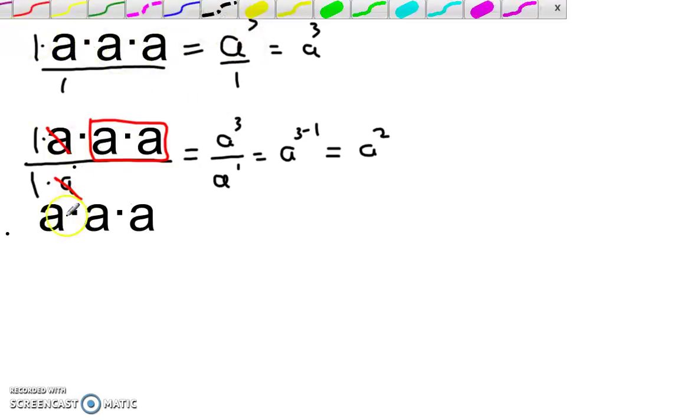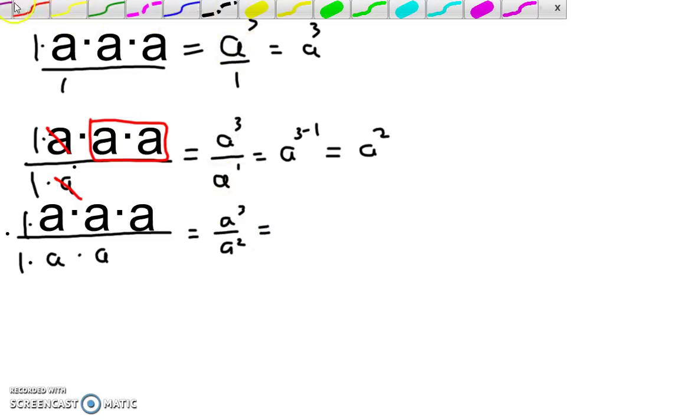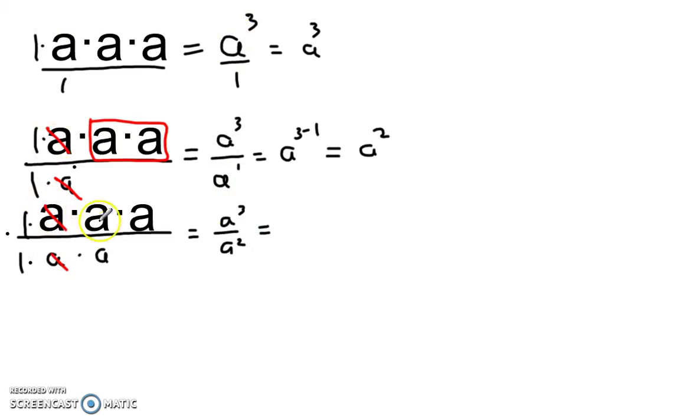Alright, now we take this again. And another example, 1 times all of these over 1 times a times a. I can rewrite that as a to the third over a squared. Or I can cancel out, I can simplify here. Simplify these, and as long as there's still something else there, I can cancel out the 1, otherwise I leave the 1.